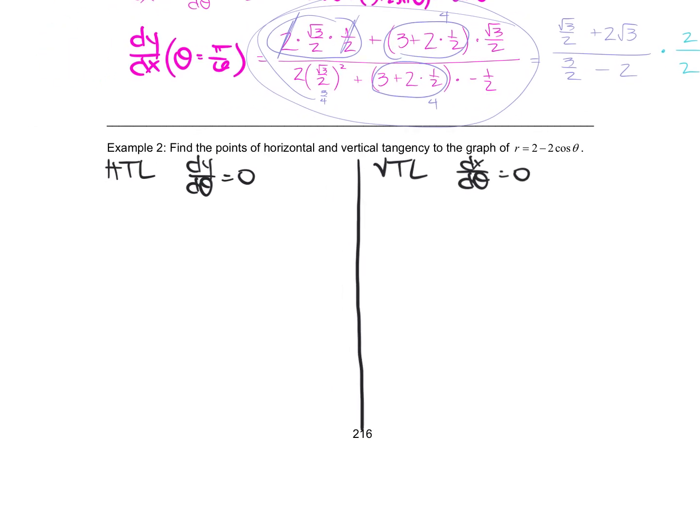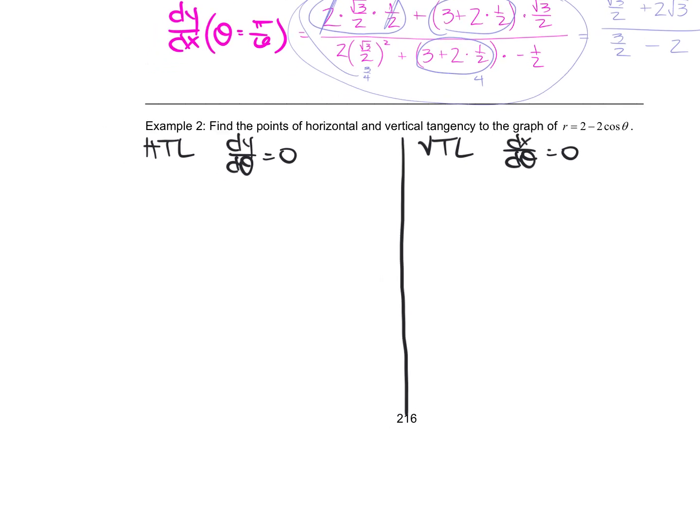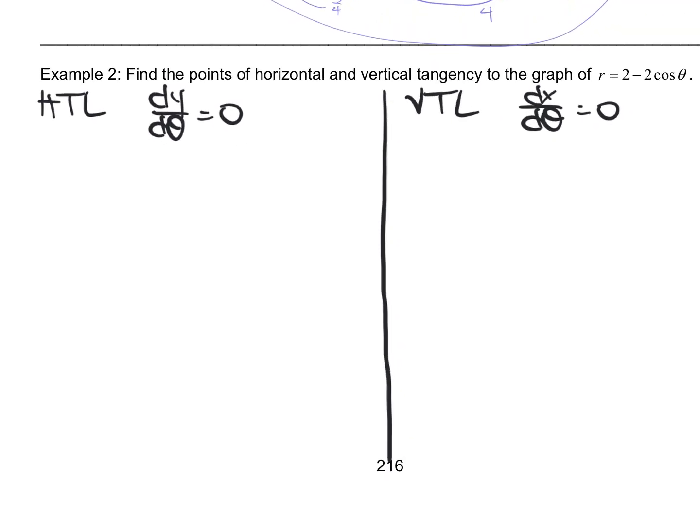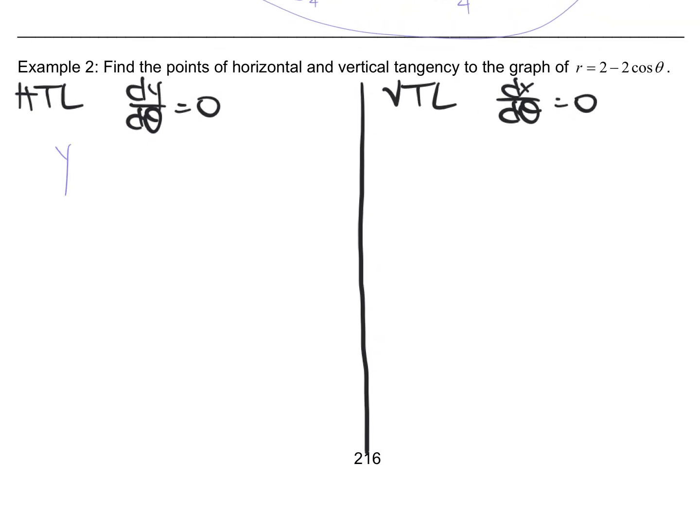Now, what do we have here? R equals. We have no x equals or y equals. What did we have to do on the previous one to find x equals and y equals? We had to say y is equal to r times the sine of theta, which means for this particular problem, that would look like 2 minus 2 cosine theta times sine theta.